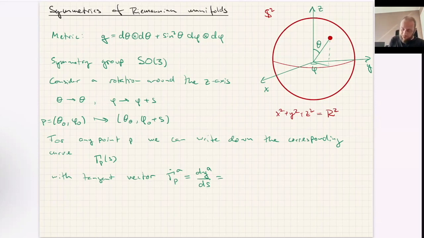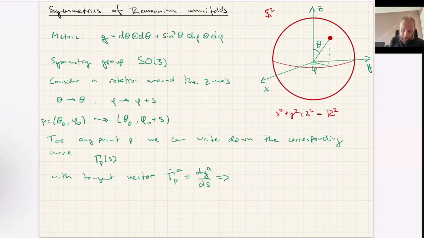So if we insert this expression here now, the derivative with respect to s, should be a 0 by the way. If we insert the expression here for the new coordinates, the theta coordinate is constant, so its derivative with respect to s is 0, so we have no component in the theta direction.